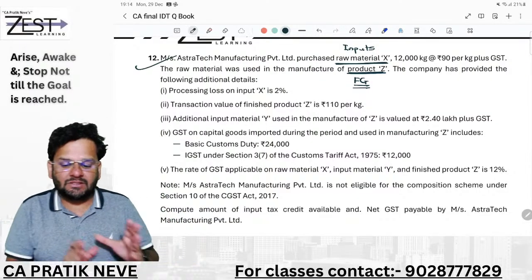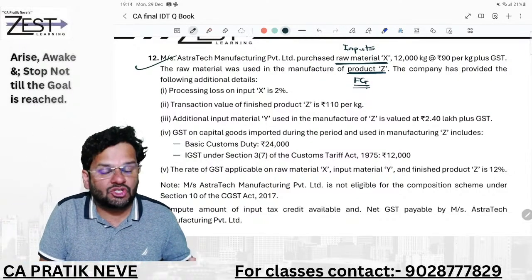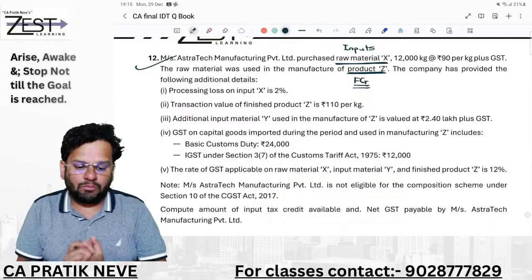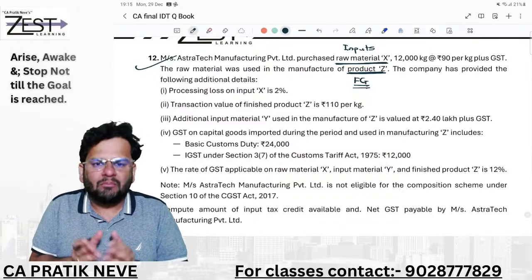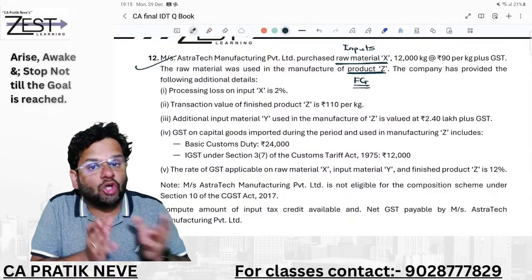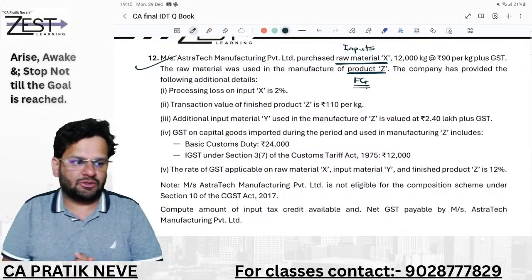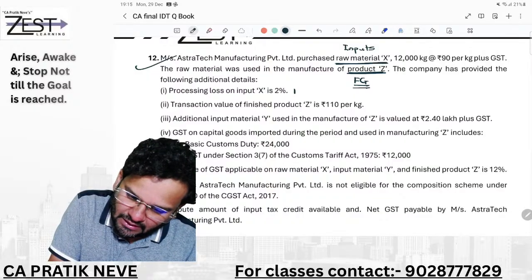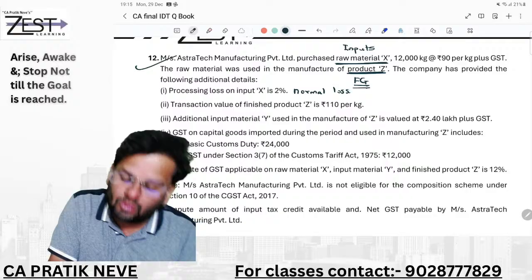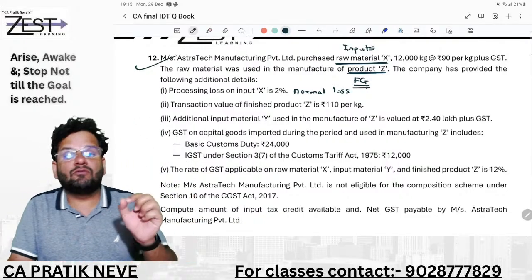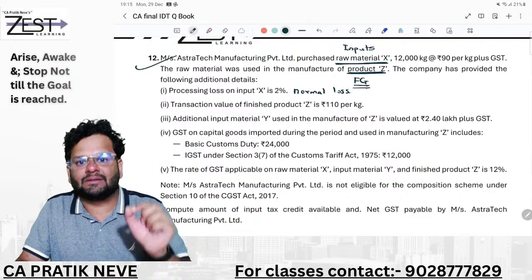The company has provided the following additional details. Processing loss on input X is 2%. But is processing loss a normal loss or abnormal loss? Processing loss is of course a normal loss. So when I talk about normal loss, I will not disallow the ITC. Clear?